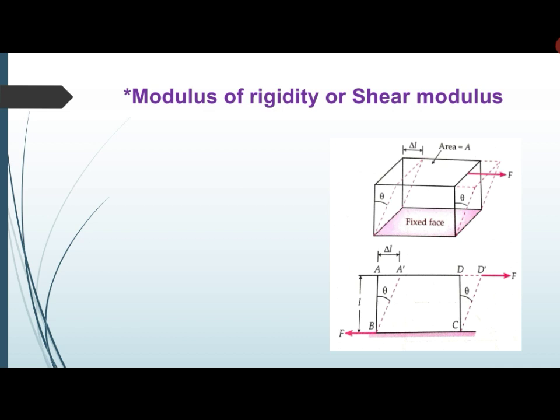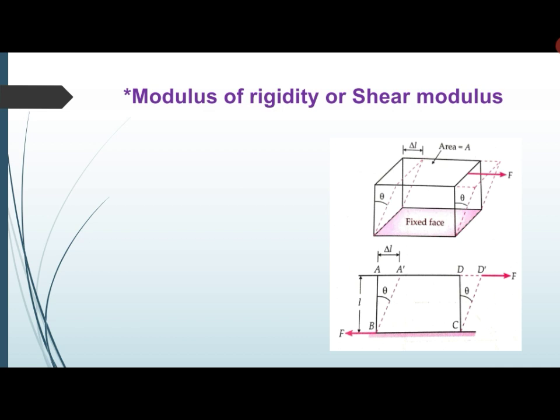Now as the lower face of the block is fixed, this couple shears the block into a parallelepiped by displacing this upper face to a distance A dash. You can see this in the lower picture, that the upper face is being displaced through a length A dash and the other end D dash.